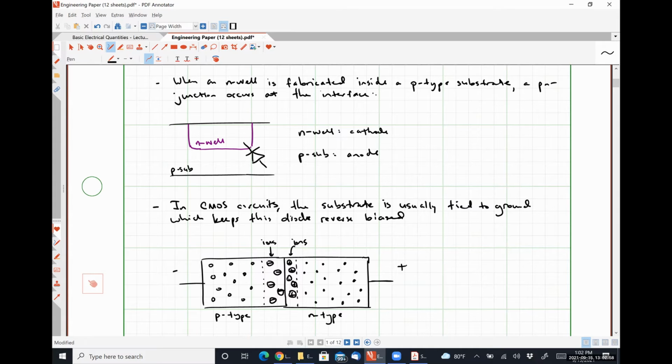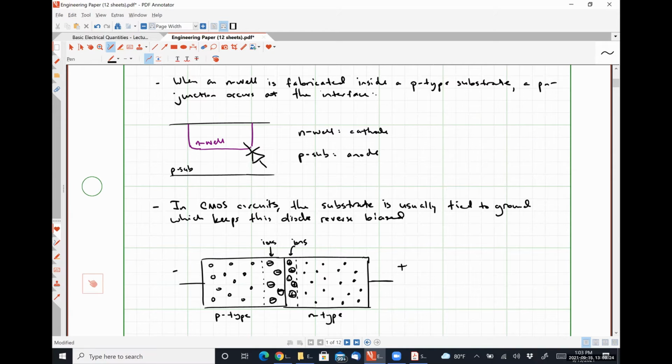So let's think about what's going to happen. If I have a negative voltage applied on the end where there are a bunch of holes, what are the holes going to do? They're going to move towards that negative voltage, right? Because the positive charge of the holes will be attracted to the negative charge of the negative polarity terminal.